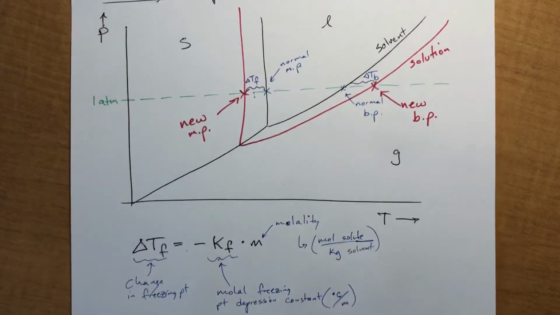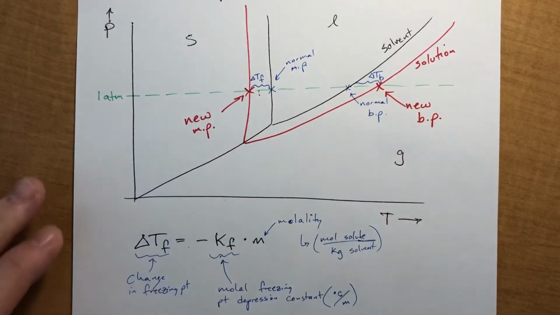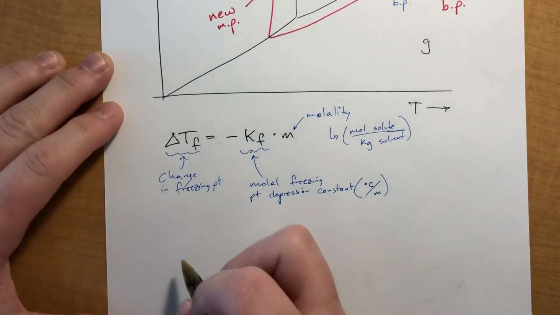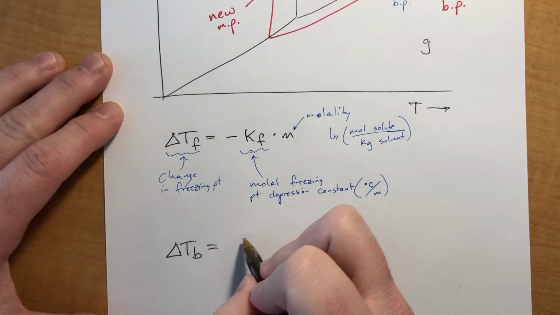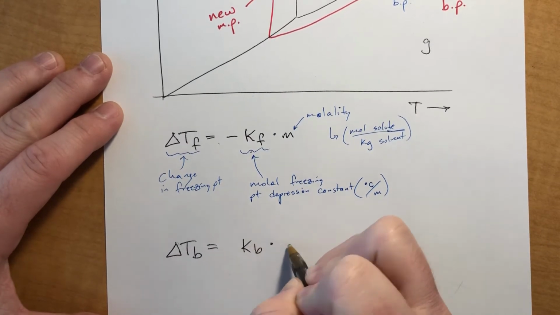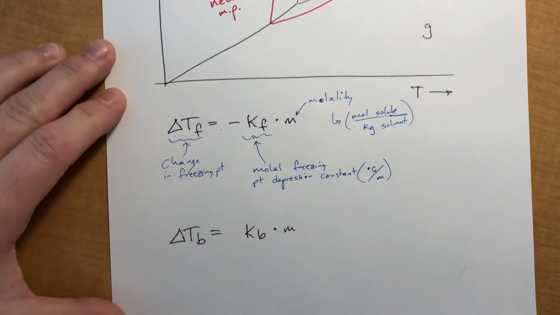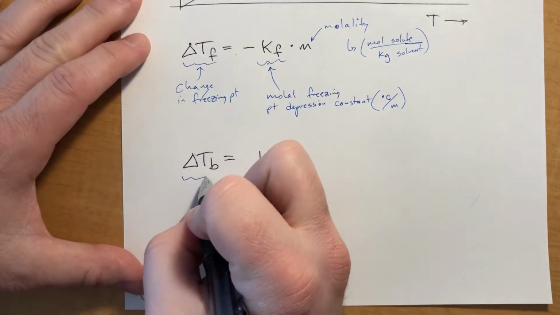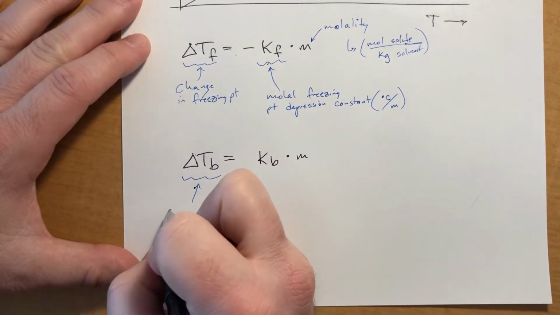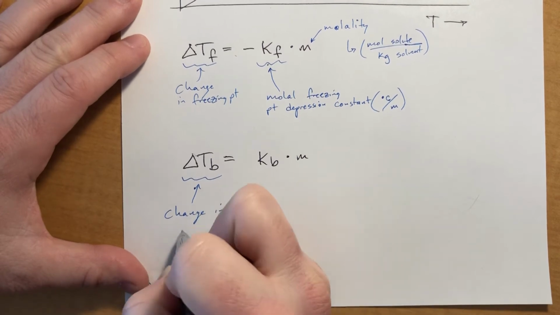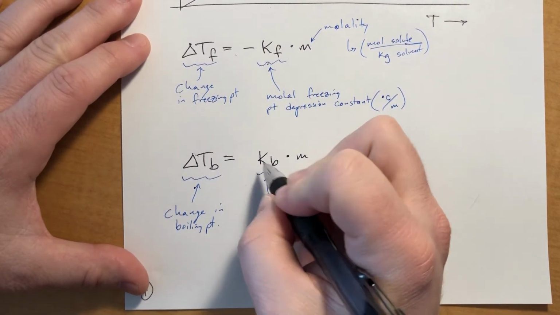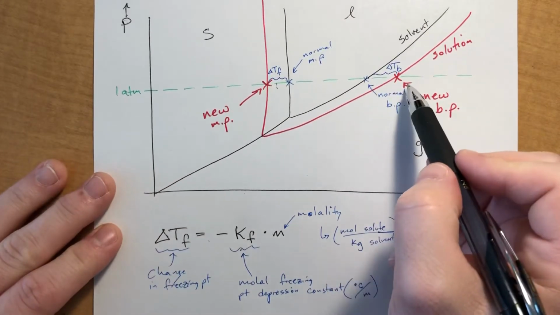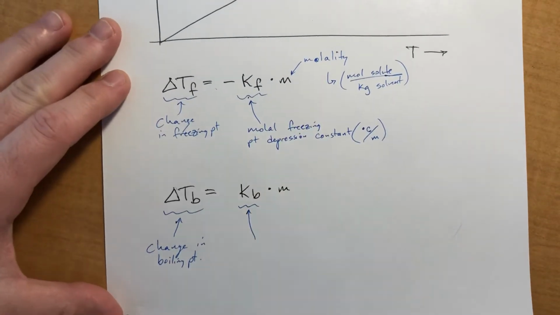There is another equation to account for how much the boiling point is going up, and it looks almost identical. Okay, so delta TB equals positive KB times M. So this is the change in boiling point. KB is positive because the boiling point goes up, so there's no need for a negative, okay?